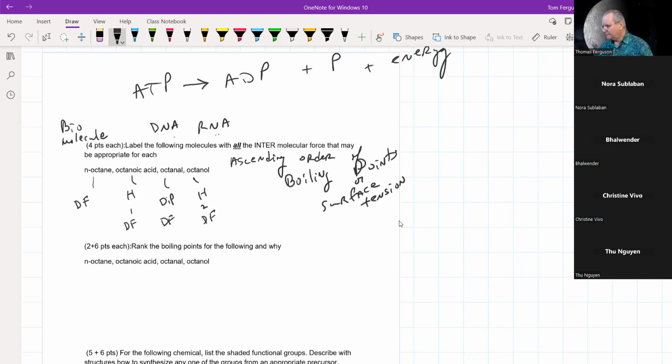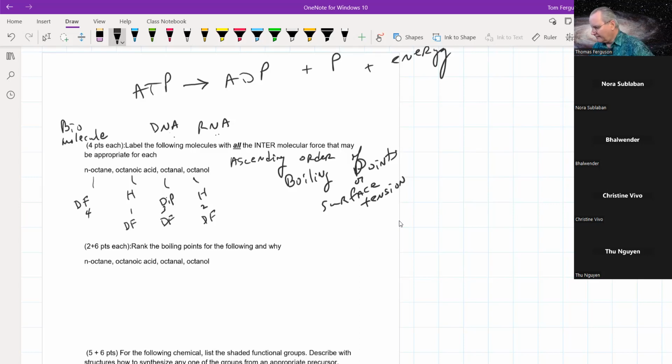So the higher the boiling point, you'd have to have higher intermolecular forces. So actually ionic is the most, then comes hydrogen bonding. Hydrogen bonding is most with the acids, then hydrogen bonding with alcohols.